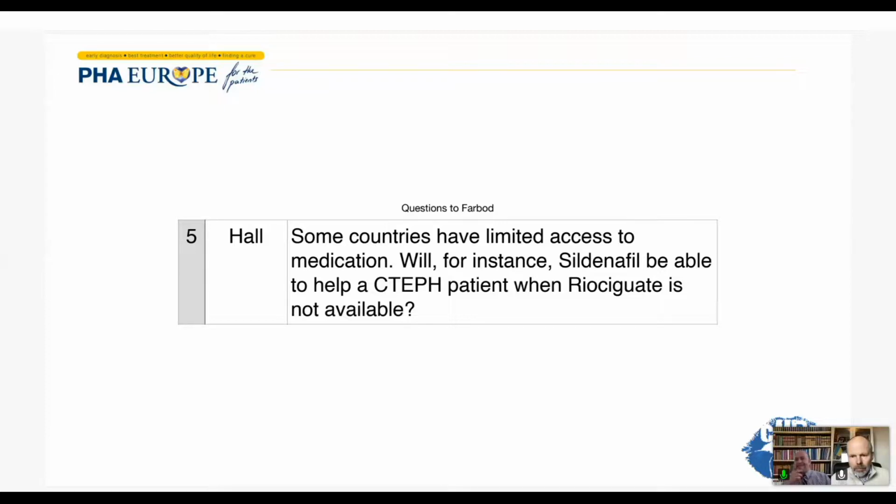So it is definitely a possibility to use agents like sildenafil in CTEPH. Obviously, there's a lot more data for efficacy in riociguat, so that's our first go-to. But other agents are worth trying, particularly if there's limitations of access.